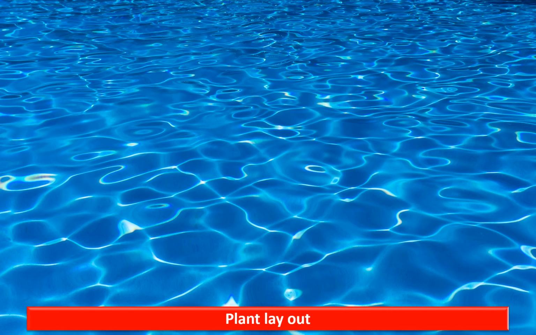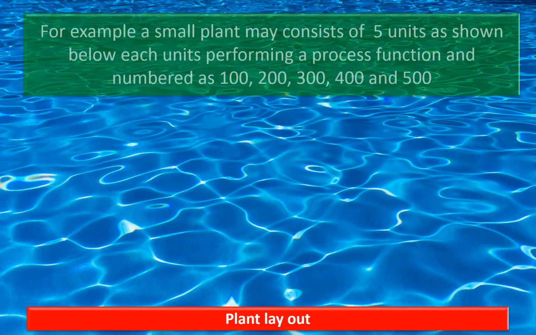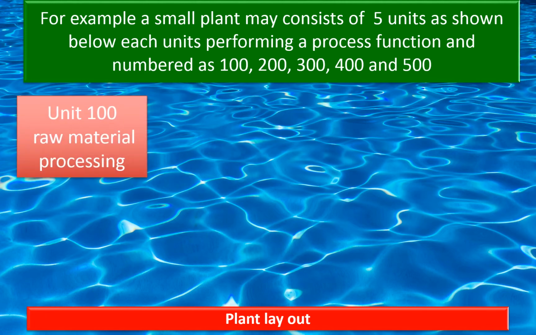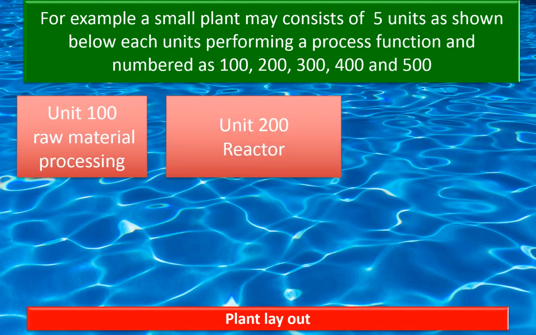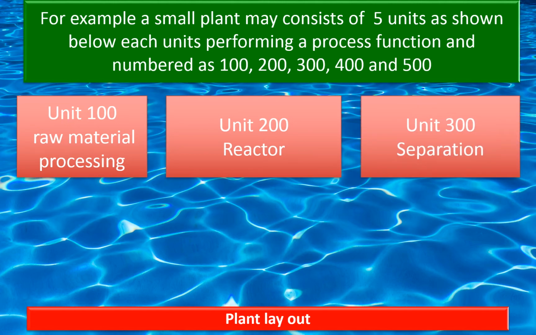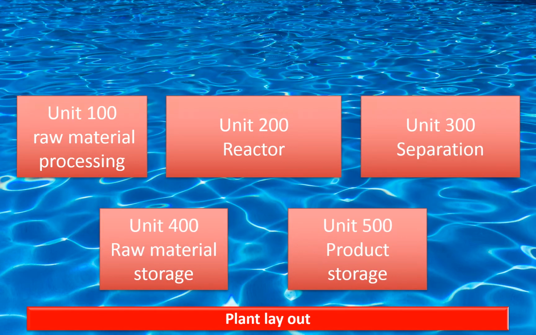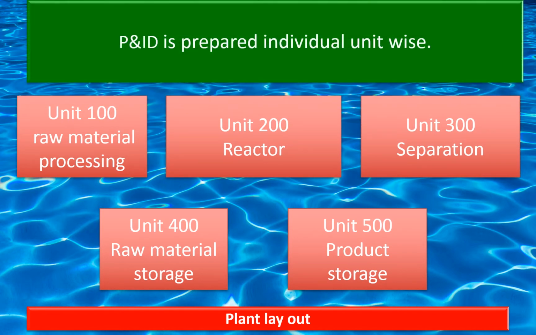For example, a small plant may consist of 5 units as shown below, each unit performing a process function and numbered as unit 100, 200, 300, 400 and unit 500. P&IDs for such a plant are prepared unit-wise.